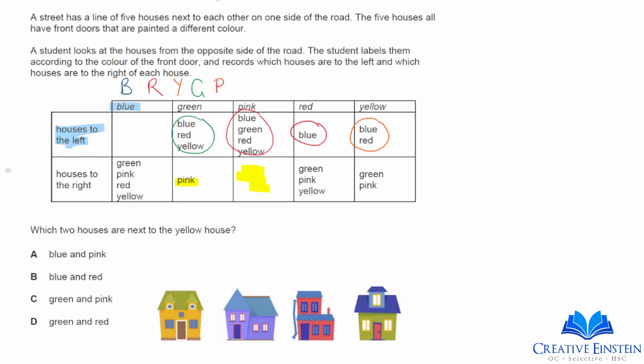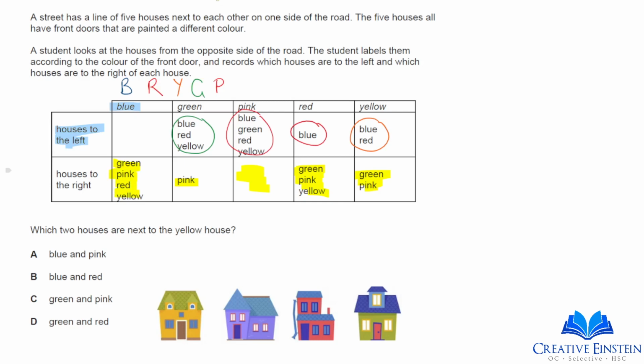The next house would be the yellow house with the green and the pink house on the right. Green and pink, we got this. The next house is the red house with green, pink and yellow on the right. So yellow, green and pink to the right of the red house. And the blue house has all 4 houses on the right of it.